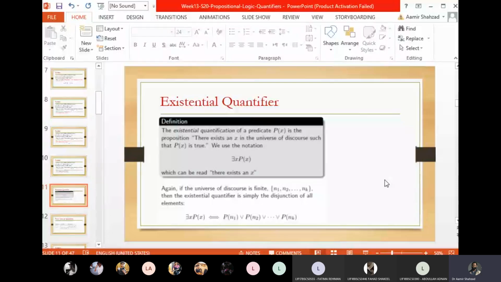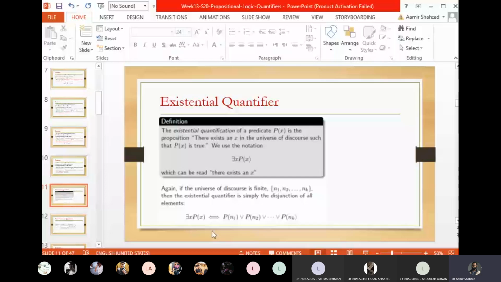OR ऑपरेटर में इस तरह होता है कि अगर कोई एक भी true हो गया, so the whole expression becomes true. और वो false कब होता है? अगर हर एक के लिए false हो. So it's like a disjunction, an OR operator. Existential quantifier is a disjunction. Existential quantifier is an OR operator.